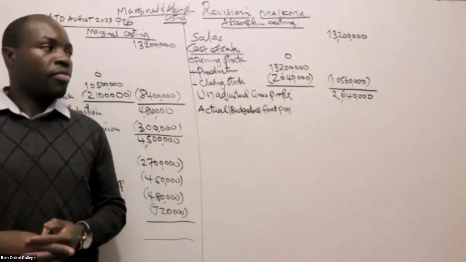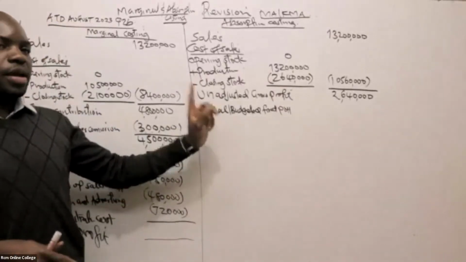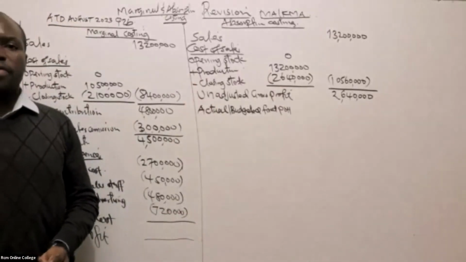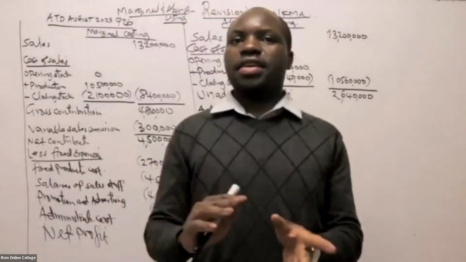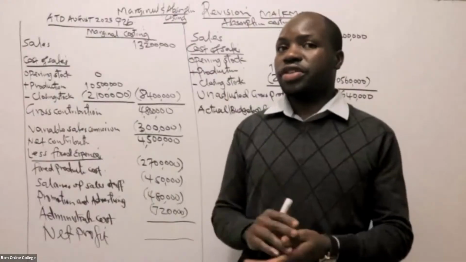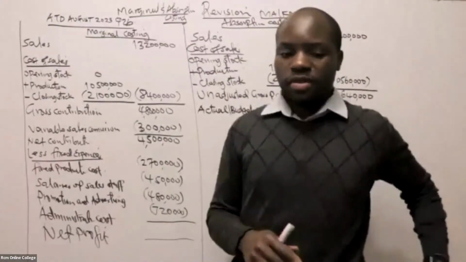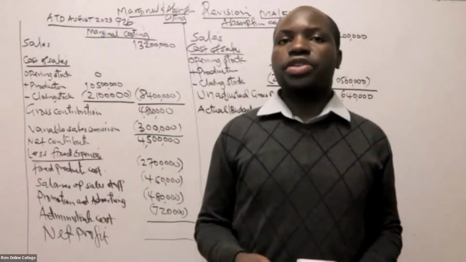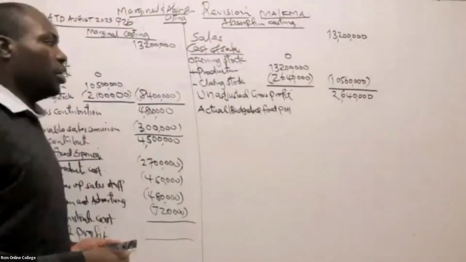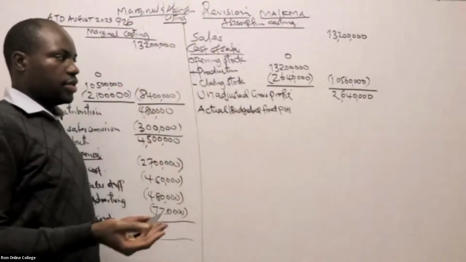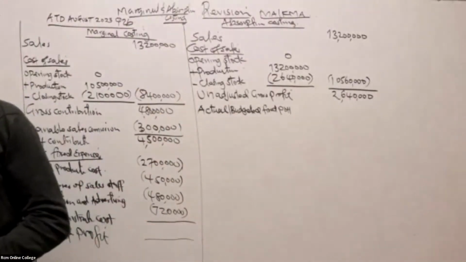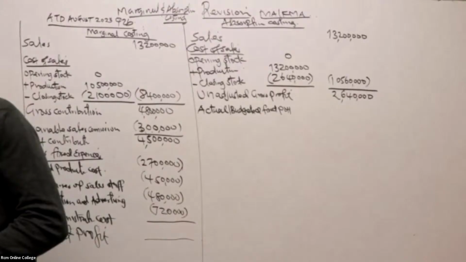I'm starting with actual or budgeted because in some questions, for example in CPA, it must be one of the sittings in 2023 or 2024, we were having both actual and budgeted. So students are not able to pick, is it actual or budgeted?